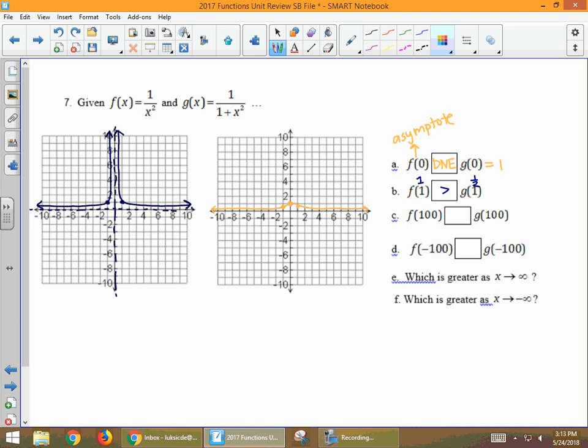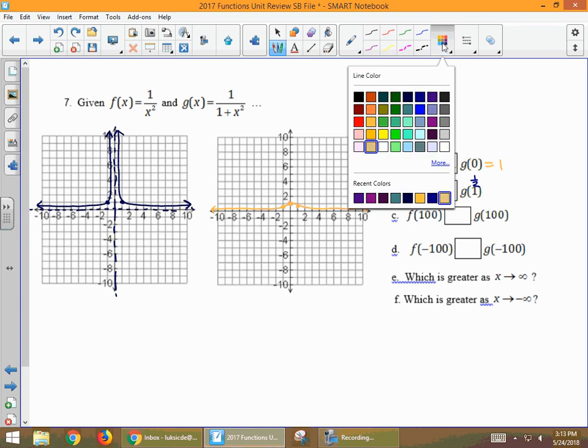All right, what about at 100? Well, at 100, this is where our numbers are really, really big. So which one of these is growing slower is your question. Sometimes it's easier to just look at how your equation is working.